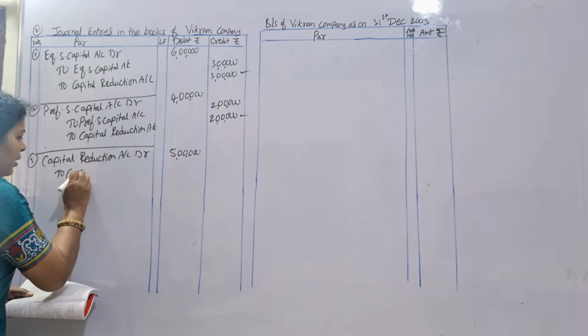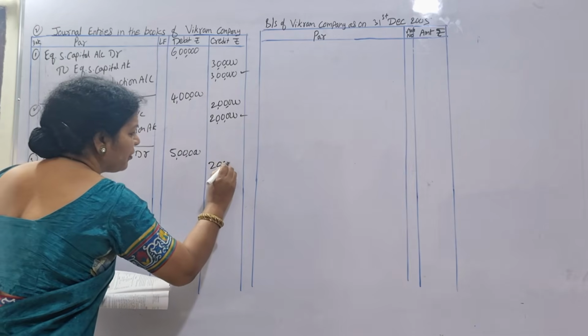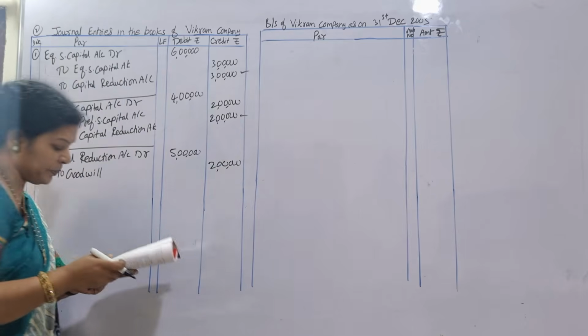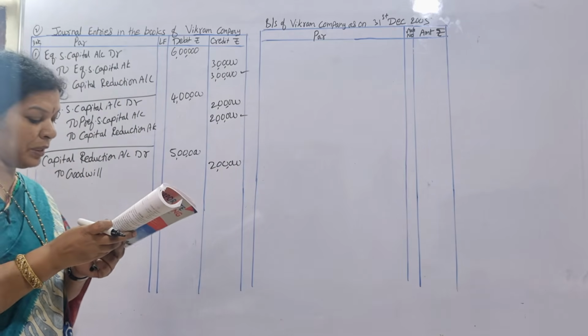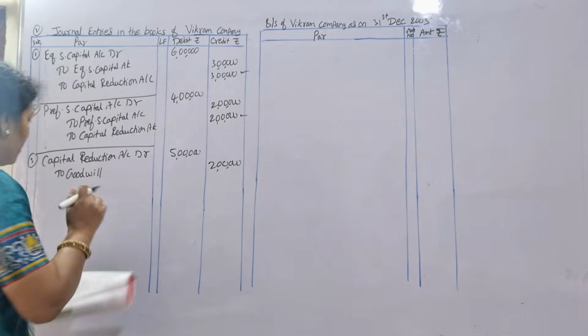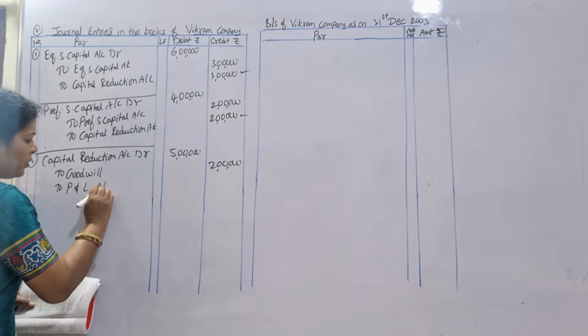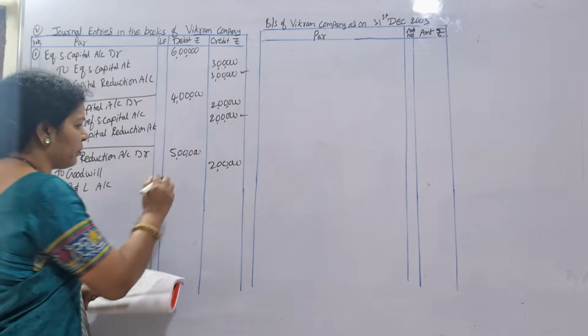To goodwill, 2 lakh. And what else? Point by point we'll go. Goodwill and P&L account. P&L account is how much? 2,40,000. To P&L account, 2,40,000.